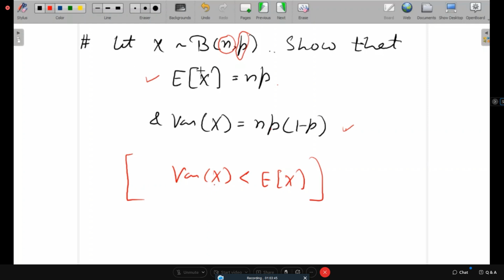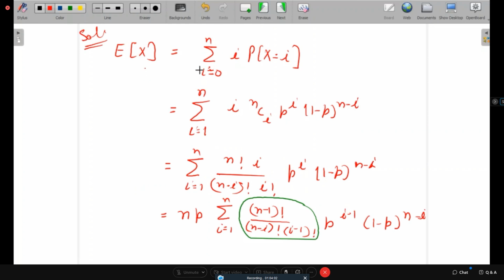It's a discrete random variable, so the summation of x times p_X of x, and x ranges over all values of x. If you go with that, the expectation of x is equal to the following.